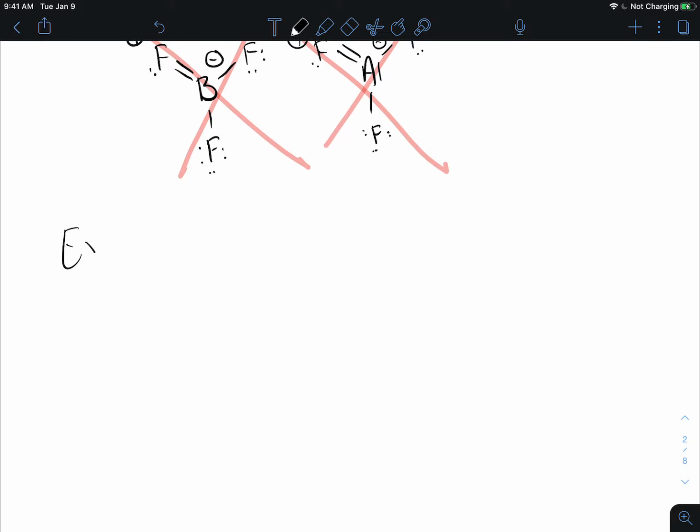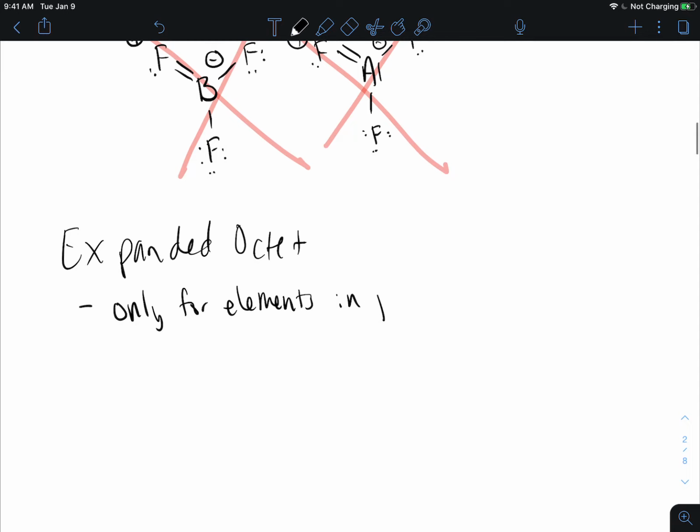Okay, our last exception is an expanded octet. So greater than 8 electrons around our central atom. And this is just for elements in period 3 and below. So these are ones where we have those available d electrons or available d orbitals.